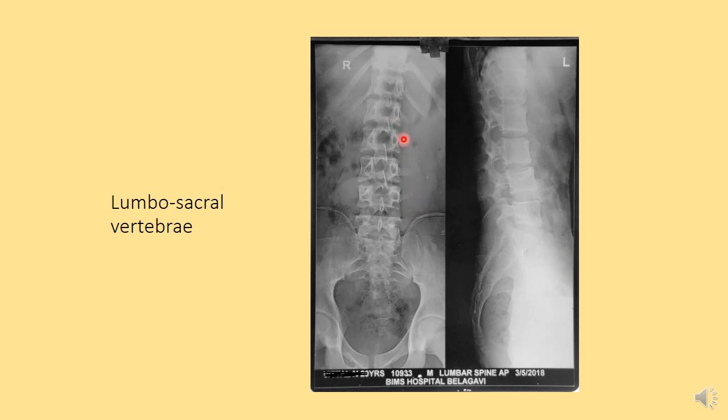This is the marking for the psoas major muscle. And this is sacrum 5, 4, 3, 2, 1. And this is the shadow of the 12th rib. We can see some gas shadows as well.